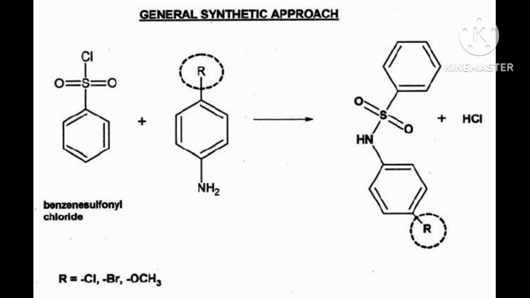You know aniline is a resonance hybrid of 5 structures. And you also know where the electron density will be more in these structures: that is the ortho and para position, because at the ortho and para positions negative charge is there.